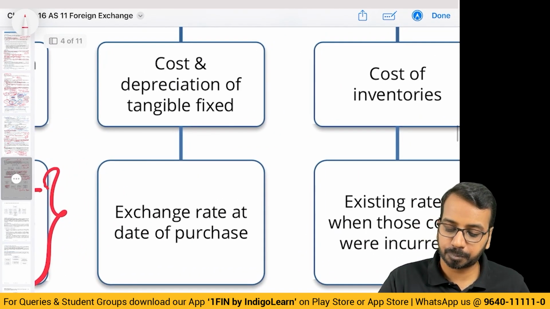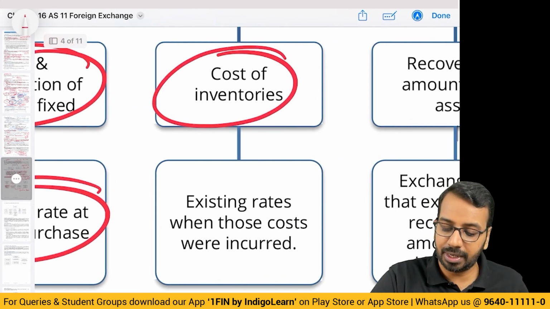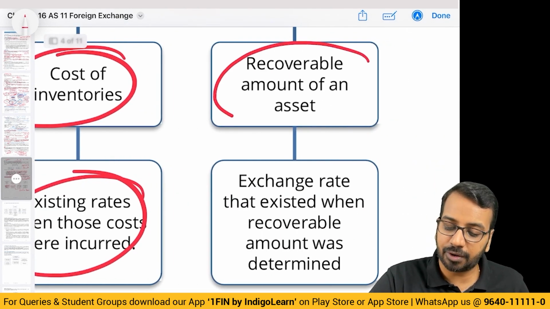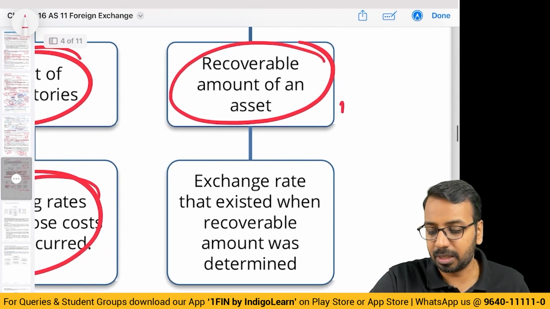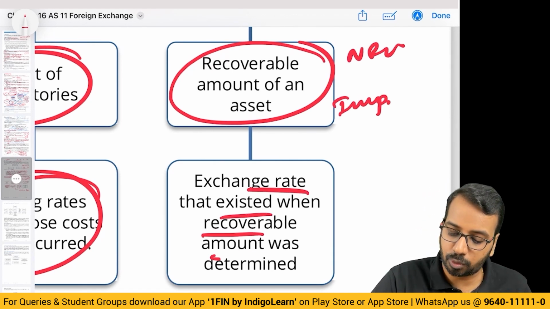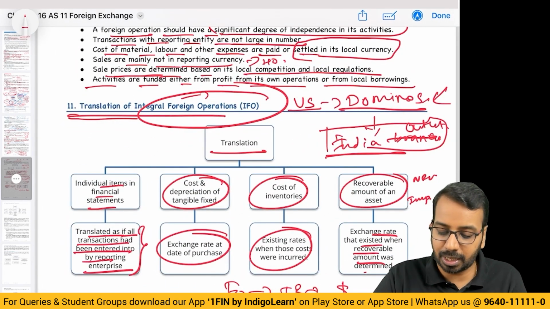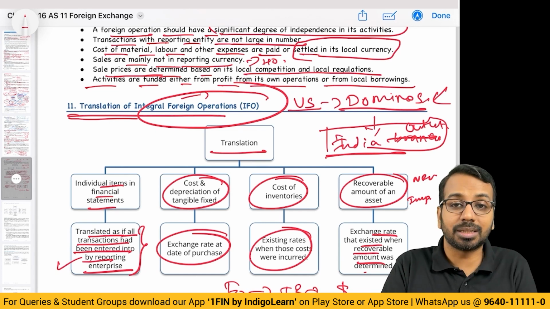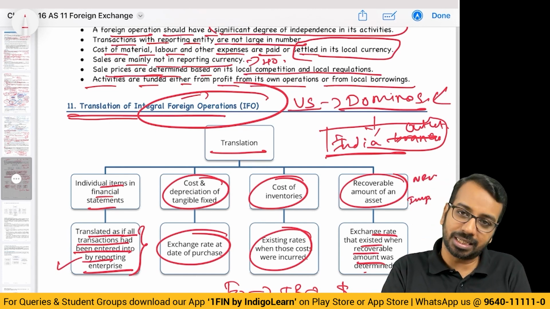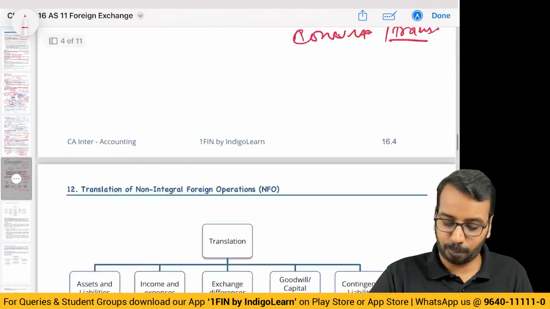For fixed assets, the exchange rate on the date of purchase. For inventories, the date on which the cost was incurred. If you have to determine a recoverable amount of an asset, for example for impairment, or if you are calculating NRV, the rate on which the amount was determined. So very simple: translation of individual financial statement items as if I am entering into the transaction. Whatever sales and purchases I do, using that rate, all of that will be as if I myself am doing the transaction.